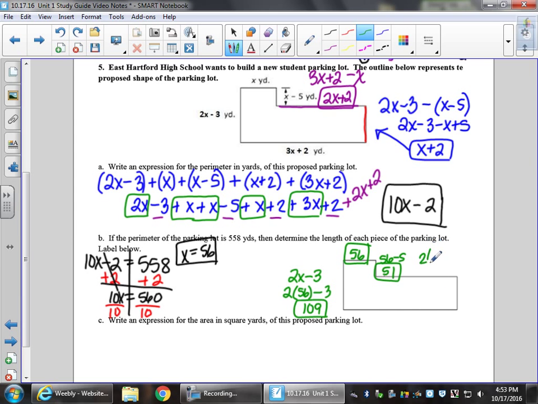How exciting. 2 times 56 plus 2, 114. This side, x plus 2 will be 56 plus 2, 58. This side, 3 times 56 plus 2, 170.